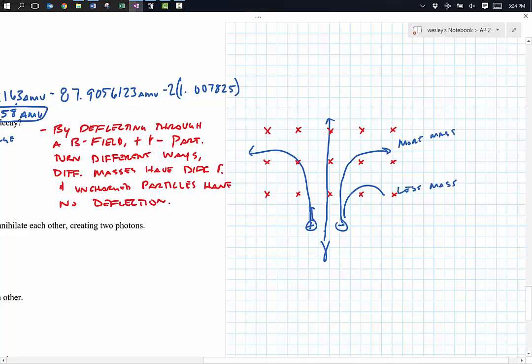If we knew the velocity and saw which way it turned, we could determine the charge, and how much it turned, we could determine the mass. All of this is what we see in a magnetic field. The thing that we called this is a mass spectrometer. We did that in our magnetism unit.